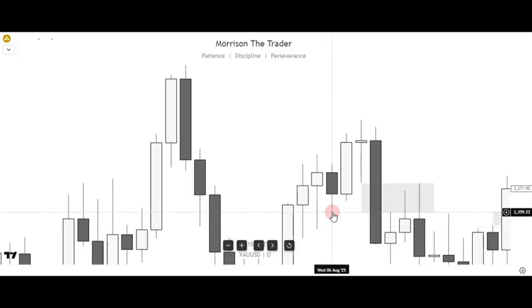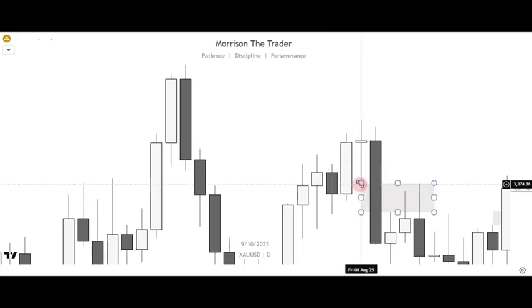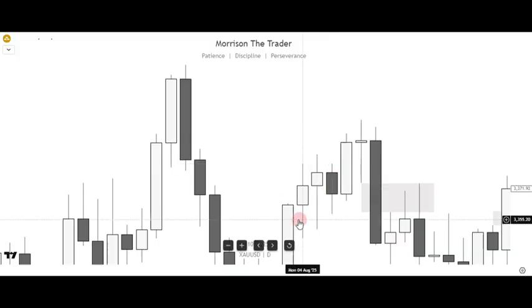And now, as you can see, there's no gap here because there is a wick, and then this candle's high right here, then this candle's low too. There is no gap here because the wicks have overlapped. So there is no gap right there.